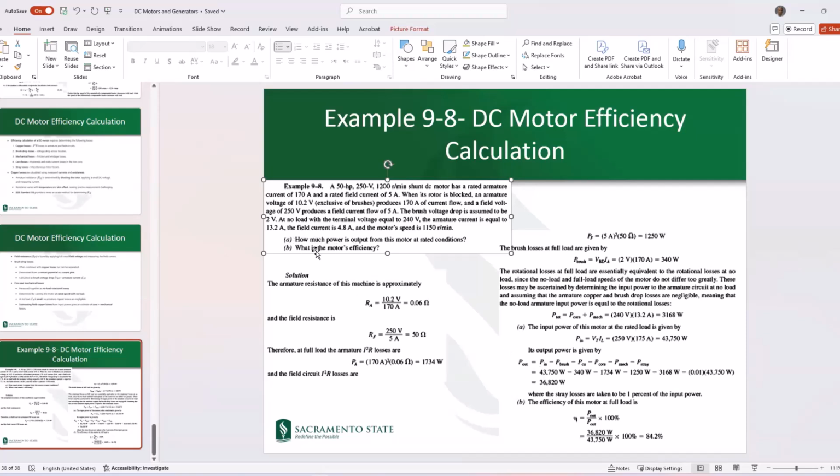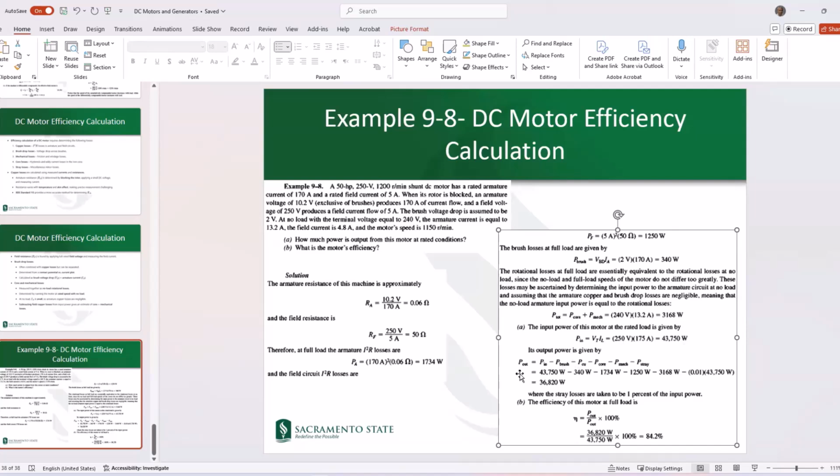Now let's go to part A of the problem. How much power is output from this motor at rated conditions? The input power of the motor at the rated load would be just VT times IL, or 250 times 175, which gives us 43,750 watts.